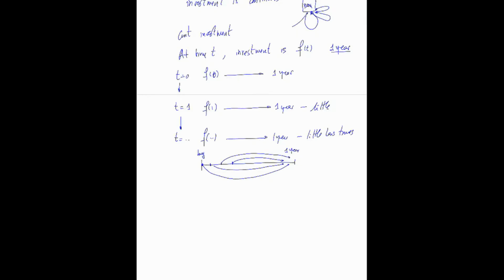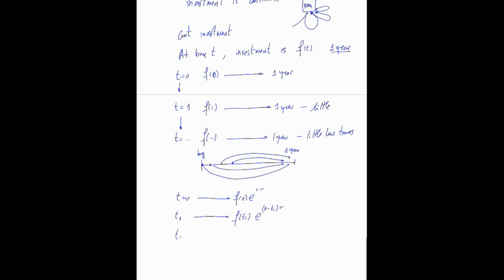Mathematically, at the first time t equals 0, we get the amount invested times e to the 1 year times the rate. At t1, whatever time has lapsed, we get the amount invested, and that amount is lasting for 1 year minus t1 times the rate.